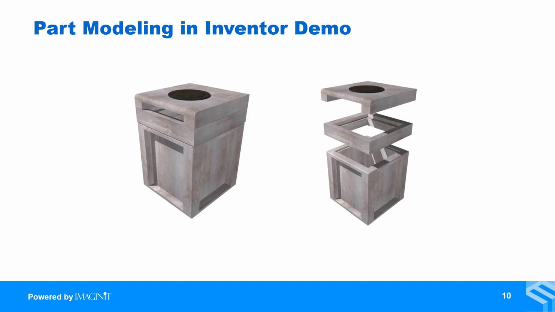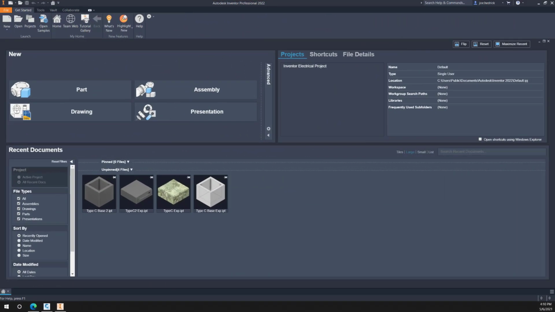So without any further ado, let's take a look at how we model this inside of Inventor. Here we are inside of Inventor, and how I recommend telling people to get started is the first thing that we want to do is model a part.